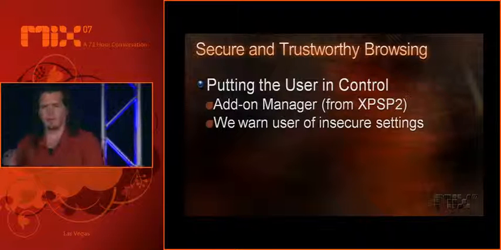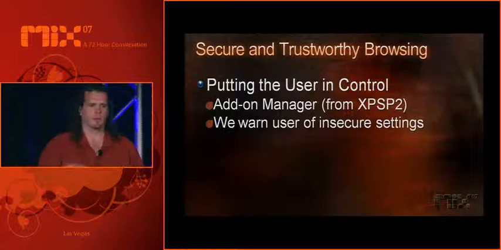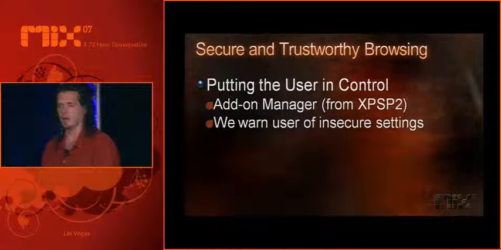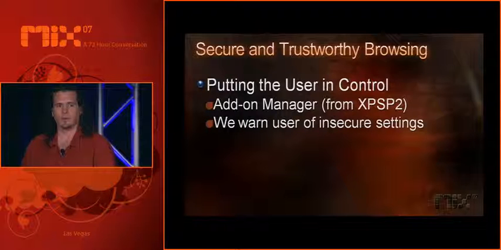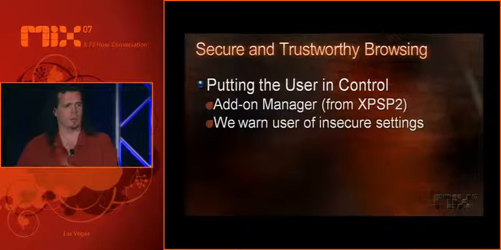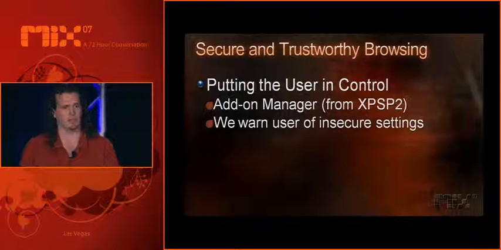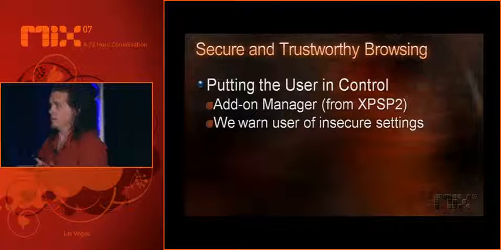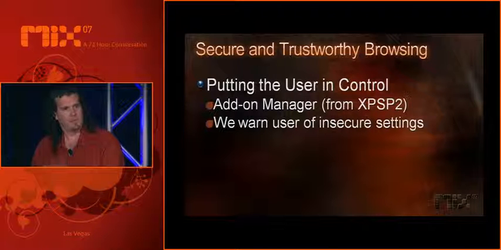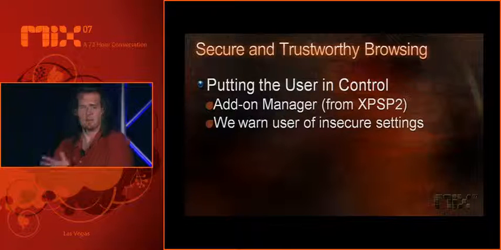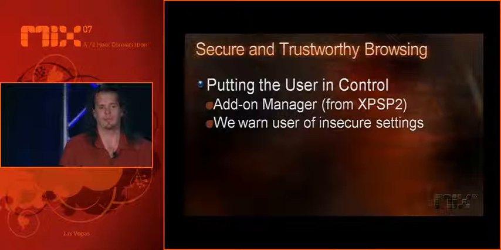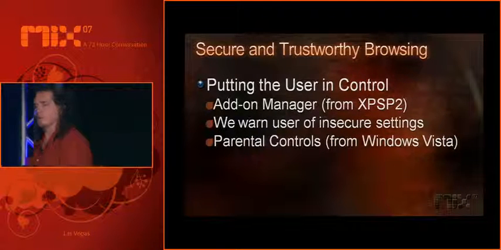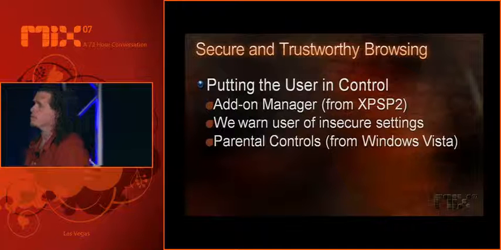But also looking at the settings and actually forcibly warning the user if they've set their settings to something that isn't secure by default. One of the problems that we would see is people would use internet cafes and they'd walk up to a kiosk machine and they wouldn't even know what the network settings were set to. And the person before them might have enabled everything and not prompted, whatever, and you wouldn't even know. And I'll show you that in a few minutes. And then integrating with parental controls on Windows Vista, of course.